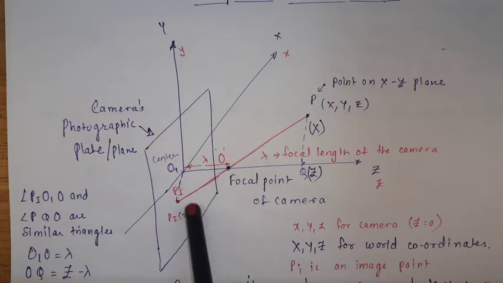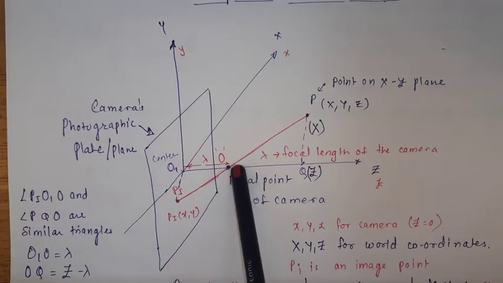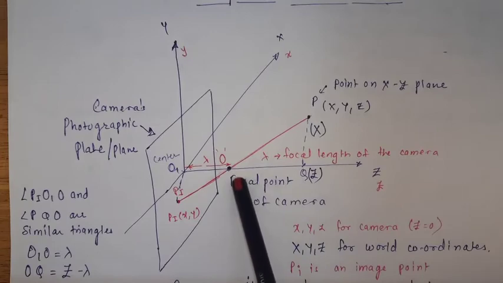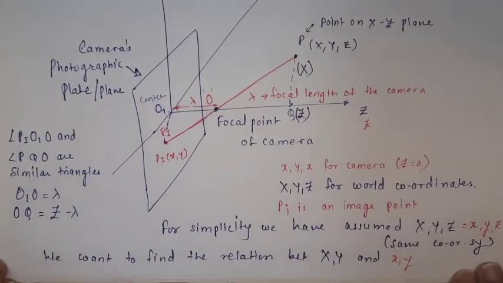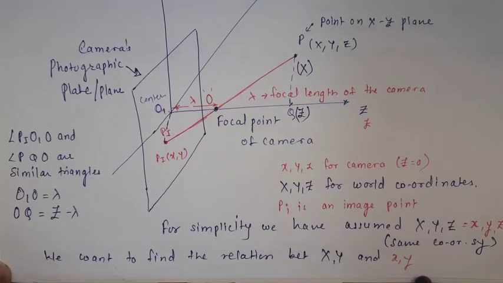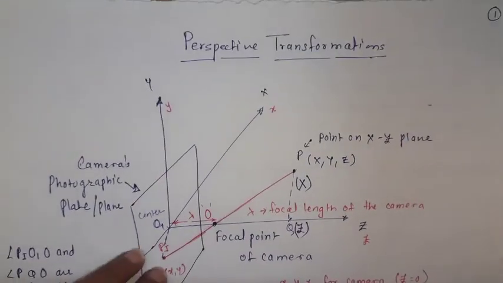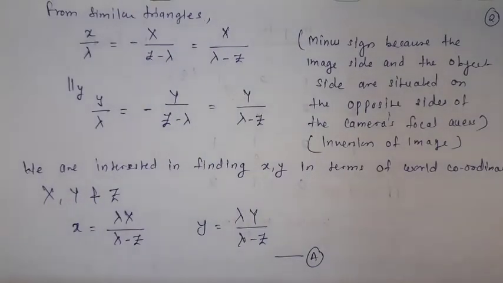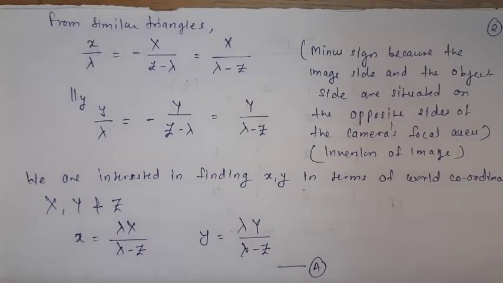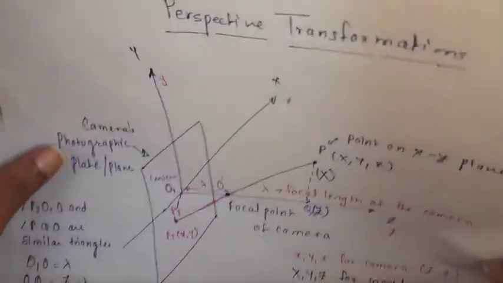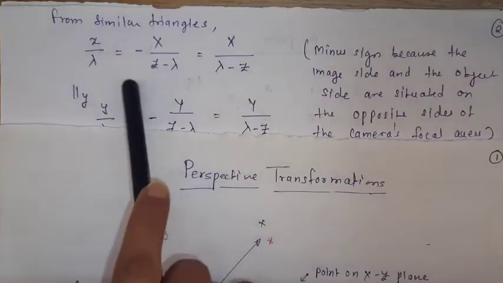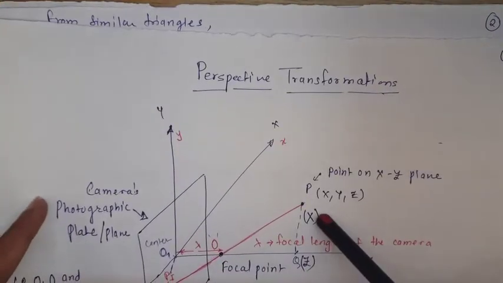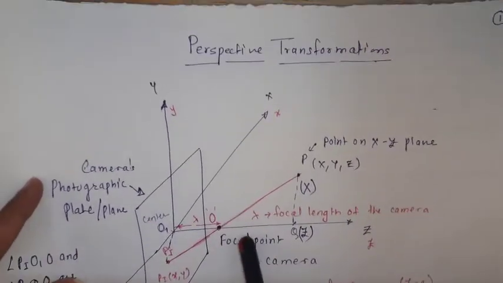The triangles Pi, O1, O and P, Q, O are similar triangles. So we want to find out the relationship between capital XY and small xy. For similar triangles, x upon lambda will be equal to minus capital X upon z minus lambda.